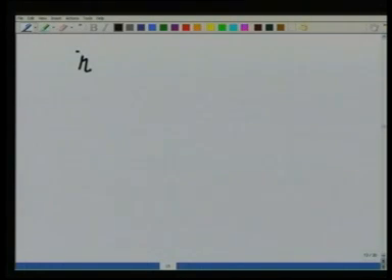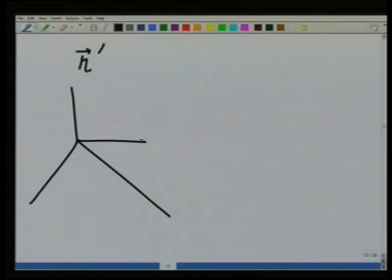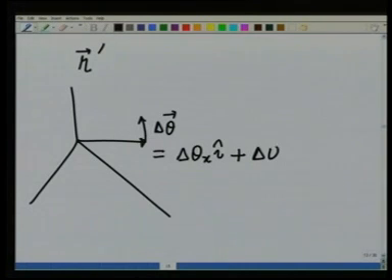So, what we get from this is that I can write the new vector r prime, which I obtain if I had a vector somewhere. Let me generalize the result, and I rotate it by a small angle delta theta, which I will write as a vector: delta theta x about the x axis, delta theta y about the y axis, plus delta theta z about the z axis.